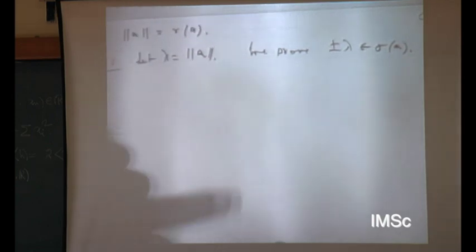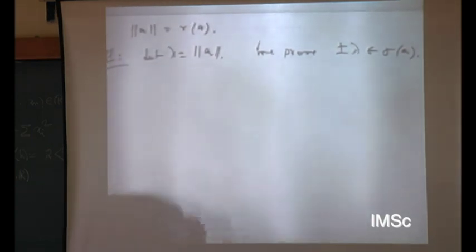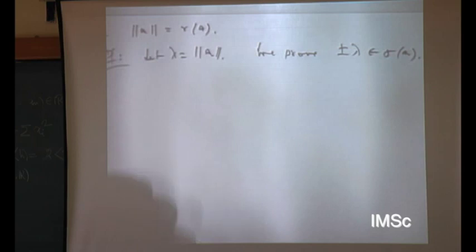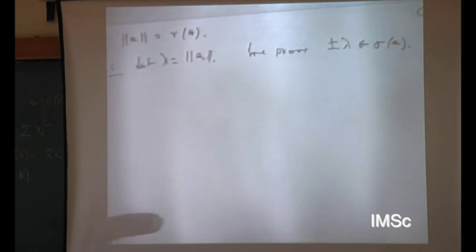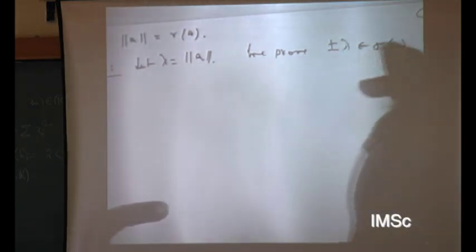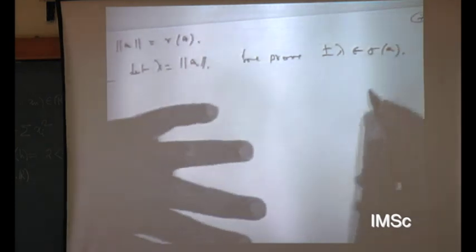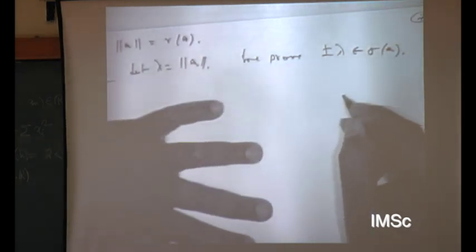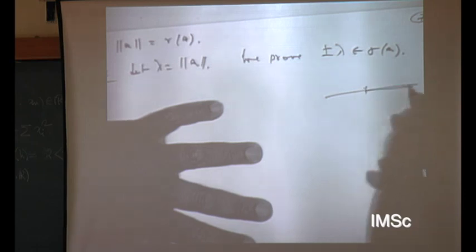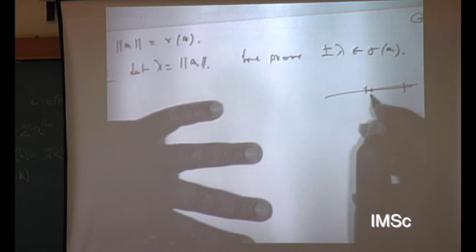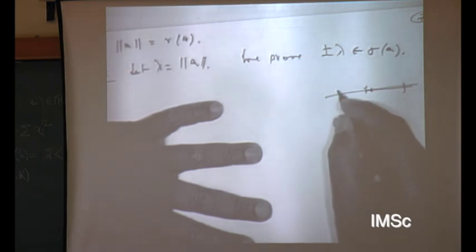Then by the definition of spectral radius, we take the modulus of that point in the spectrum and we find it. Is it clear? The spectrum of A is a subset of the real line, so think of it as an interval.